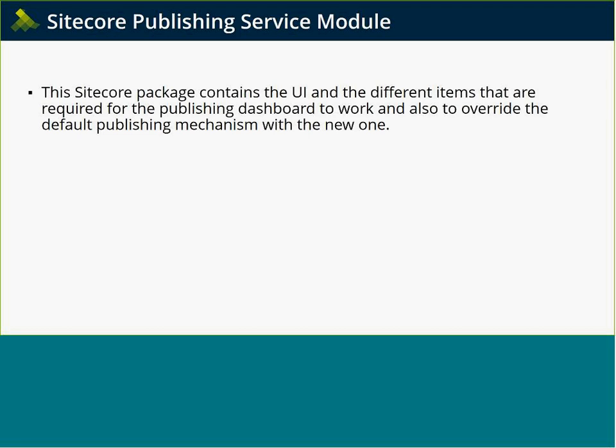When you are installing the publishing service, it comes in two parts. One is the publishing service, and the second is the Sitecore publishing service module, which is mainly related to UI. We get a UI from where we can perform publishing operations, and the different items required for the publishing dashboard to work, and also to override the publishing mechanism.